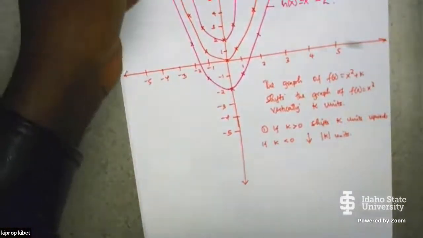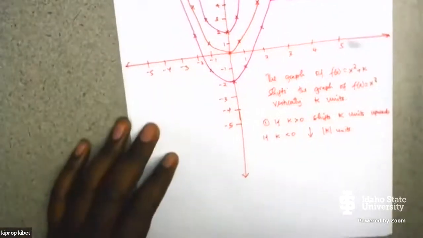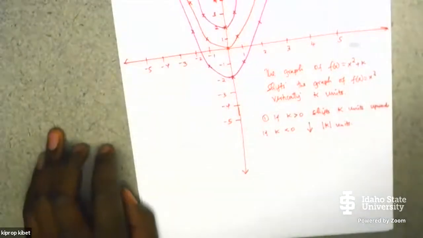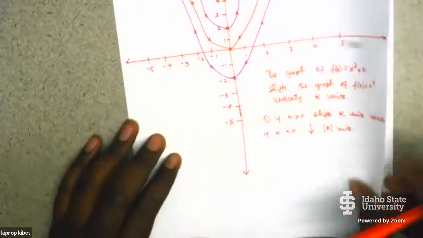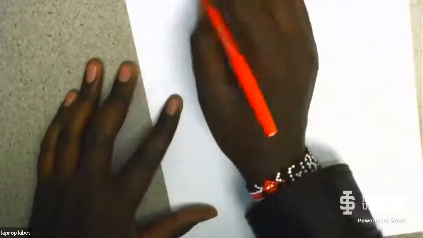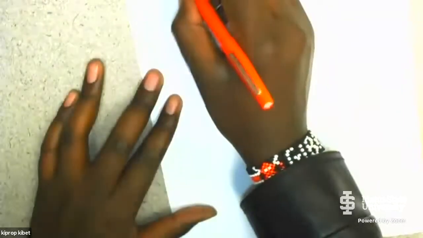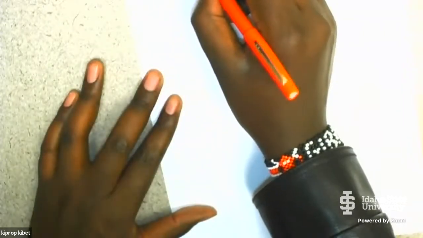Now, if we have the graph f of x equals x minus h squared, we have this graph there. Then what happens?